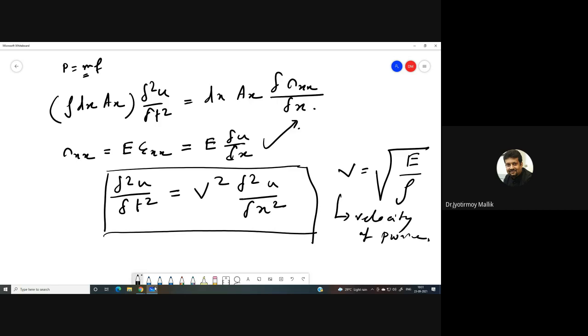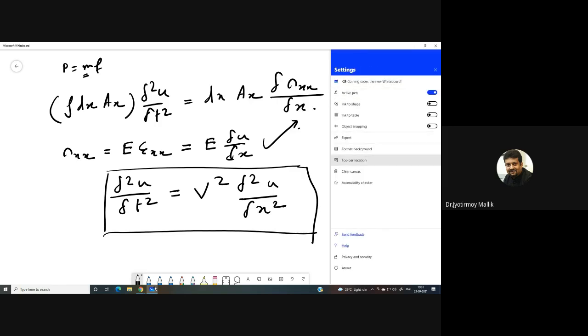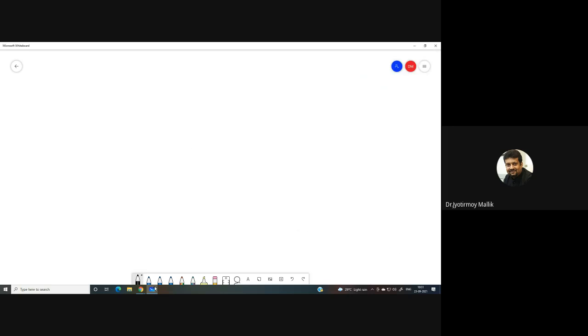Now, of course, if you remember the first picture that I have drawn, we cannot simply consider the propagation along the x-axis. So we have to think of all the axes; we have to think in 3 dimensions. In 1 dimension, it was delta square u by delta t square equals v square delta square u by delta x square.